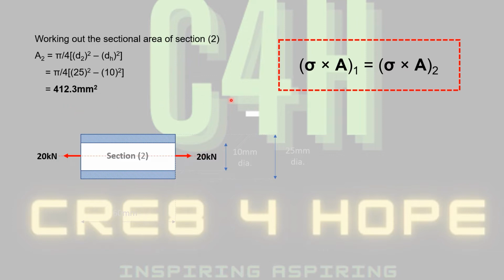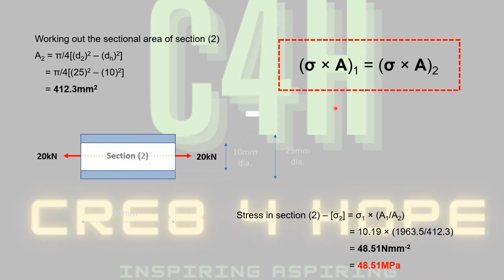So since sigma 1 times A1 is equal to sigma 2 times A2, the stress in section 2 will be equal to sigma 1 times A1 divided by A2. And that's what's been done here.